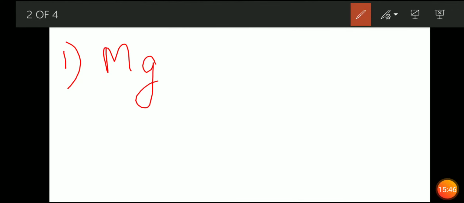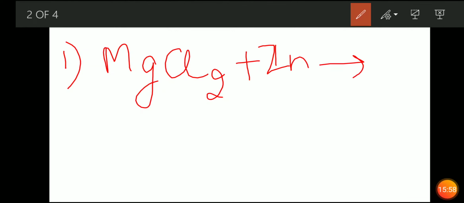Now next, you have to do some reactions, some questions. The first question is magnesium chloride plus zinc. What are the reactants? This is in solid state, this is in aqueous state, and this is in solid state. Fine, you will write the reactants or products over here.